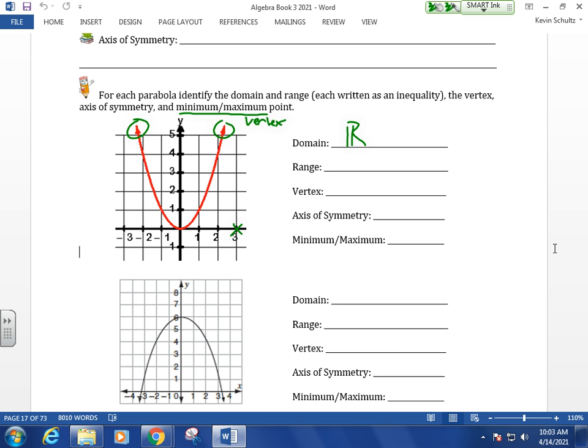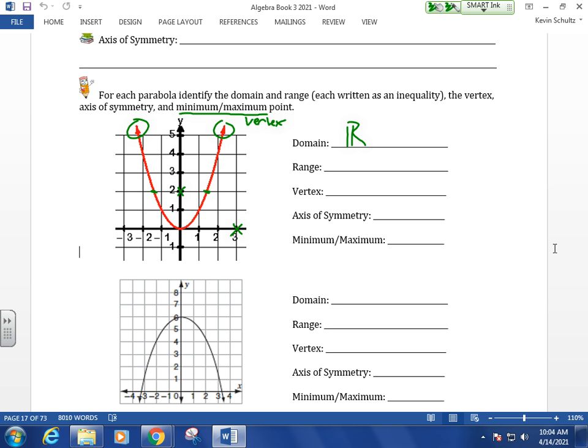How about the range, though? The range of this parabola. What y values are included in the parabola? Is the y value of 2 included in the parabola? Yes. Right? The y value of 2, there's actually 2 of them here, and there are ordered pairs with a y value of 2 that are on the parabola.